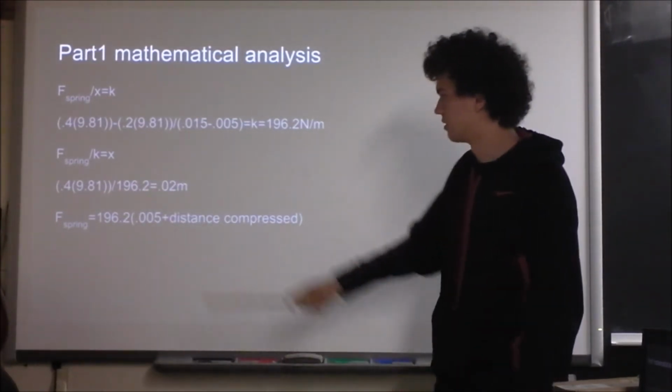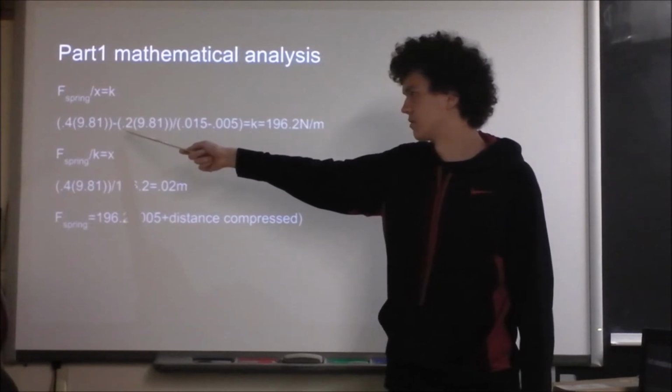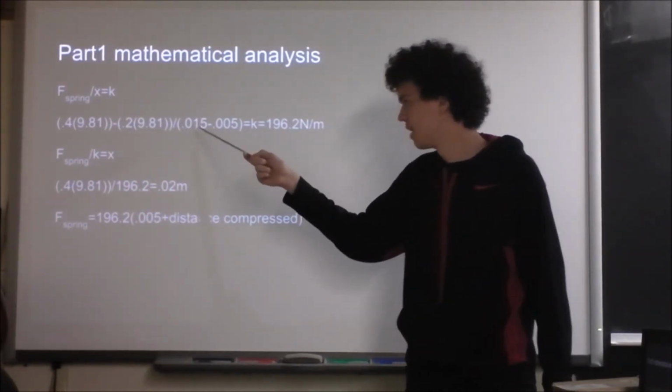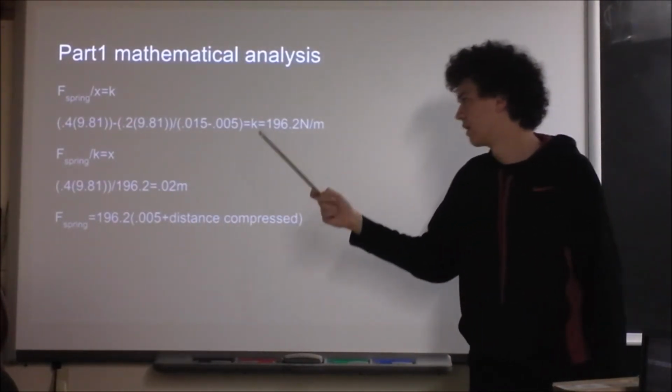So that's what I did here: the force of the 400-gram mass minus the force of the 200-gram mass divided by the distance it moved, which would be 1 centimeter, is k.